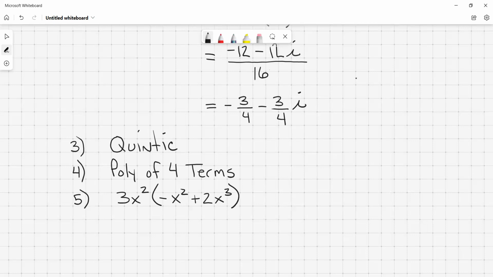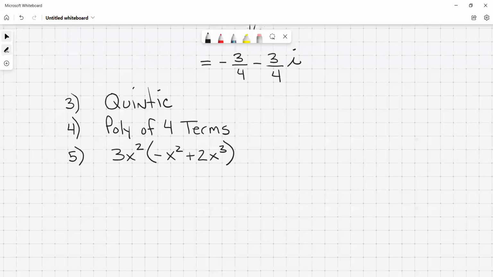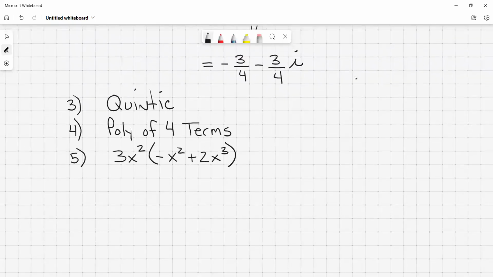All right, so this is just the distributive property. When you multiply powers, you add them. So 3x squared times negative x squared is going to be negative 3x to the fourth. And 3x squared times positive 2x to the third is going to be positive 6x to the fifth.